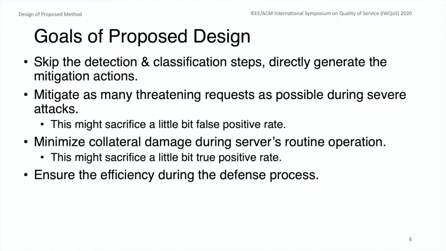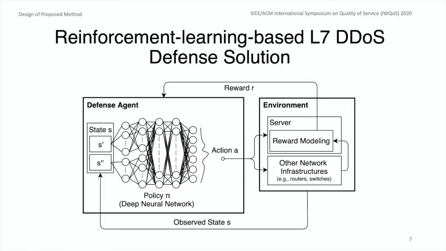In addition, we want to minimize the collateral damage during a system's routine operation. This might sacrifice a little bit of the true positive rate. In the end, we want to ensure efficiency during the defense procedure. Thus, we built a reinforcement learning-based L7 DDoS defense solution to solve this problem.